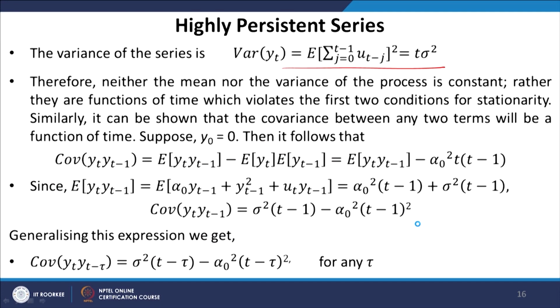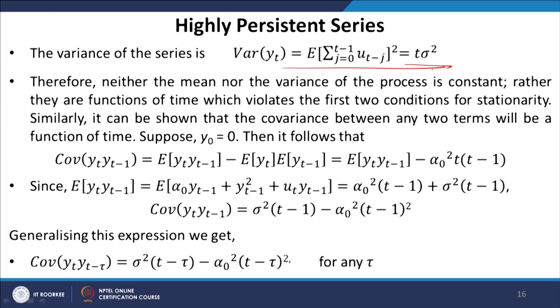So, the uts are summed up and their squares are taken. We will have t sigma square terms, so adding them we have t sigma square. Therefore, neither the mean nor the variance of the process is constant; rather, they are functions of time, which violates the first two conditions for stationarity.